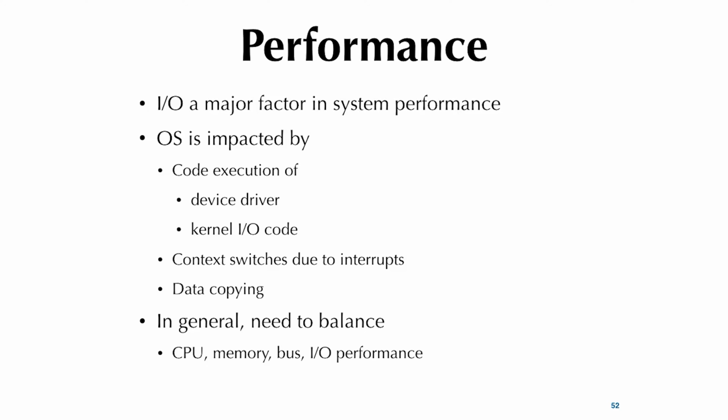It's impacted by various things, including how efficient your device driver is, the kernel I/O code, context switching time, how much data copying is there. We've seen the case of copy on write as a way to eliminate or reduce the amount of copying needed. But generally, you need to balance between the CPU scheduling, memory use, bus speed, and various I/O performance.